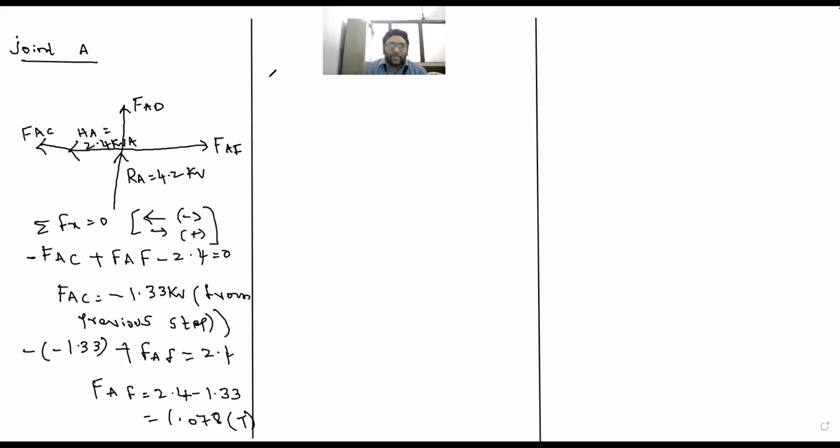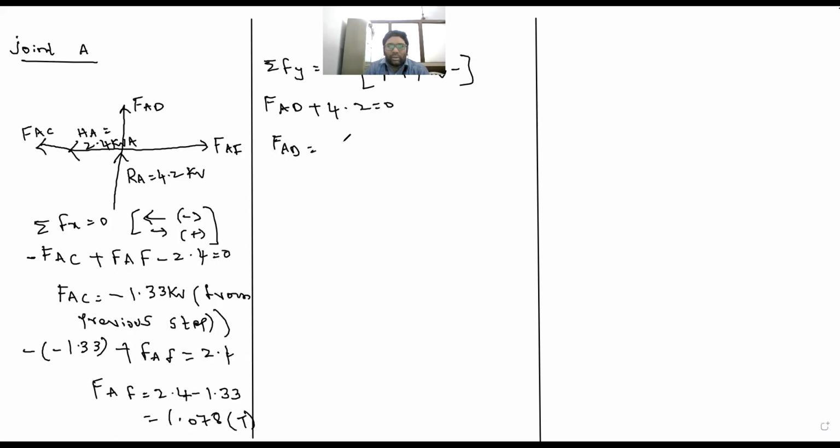Now let us take sigma Fy equal to 0. What all do we have? FAD. So what are the directions? Upward positive, downward negative. So FAD plus 4.2 is equal to 0.